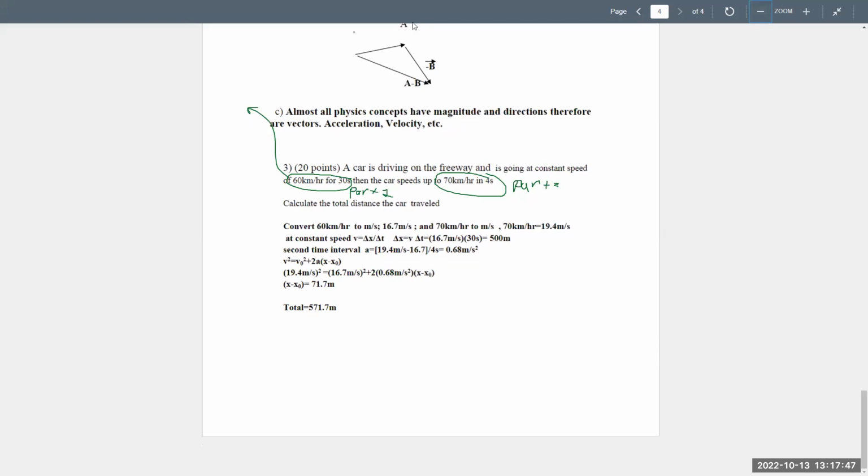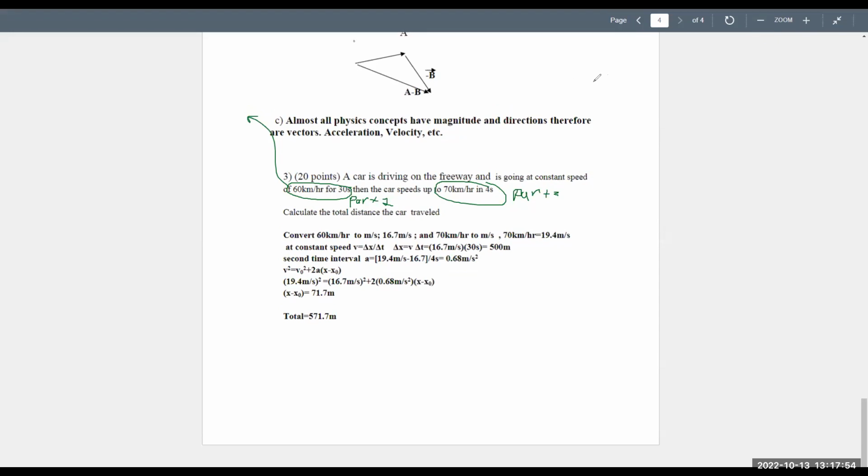So the car is driving on the freeway. It's 30 seconds.